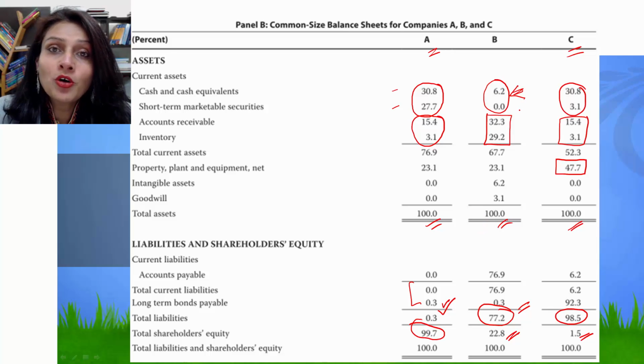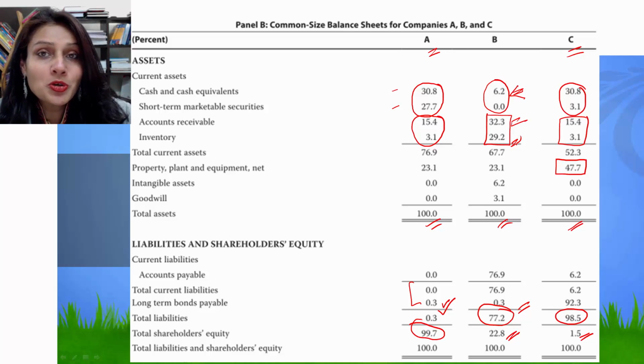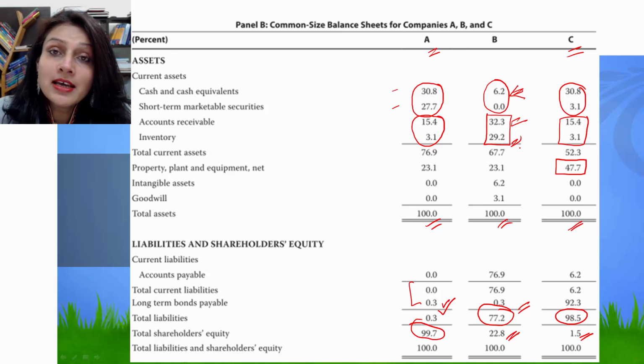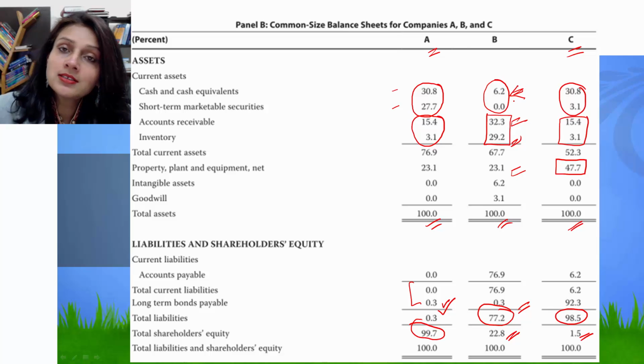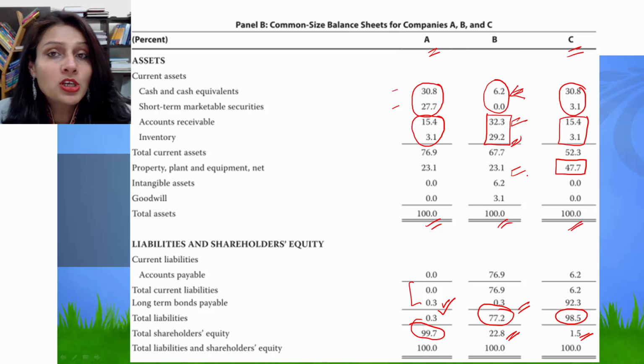Therefore, in case of a crisis, in case of a crunch, this company will be forced to liquidate its inventory and its receivables. And still, if it is not able to meet all the debt, it may even have to dispose of some of its fixed assets. So this is a very dangerous position for a company to be in.